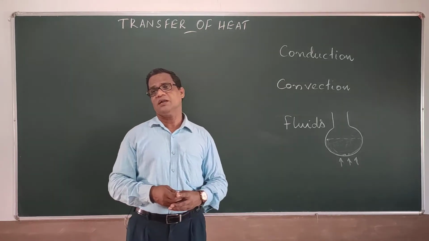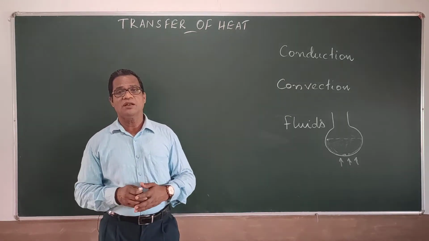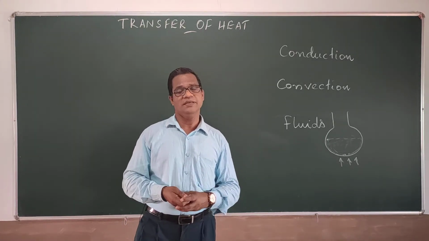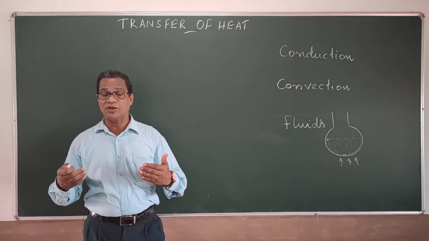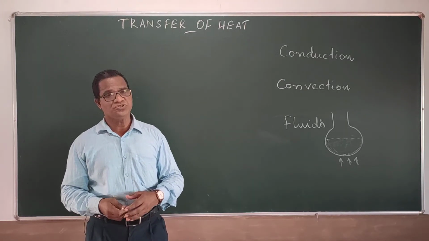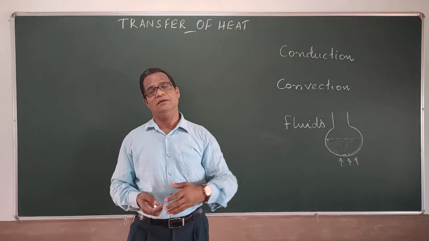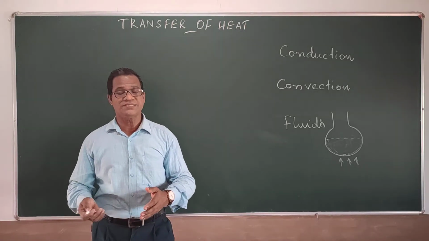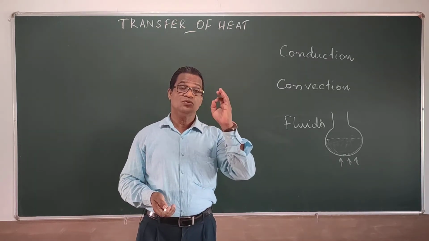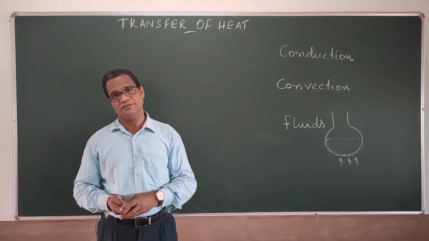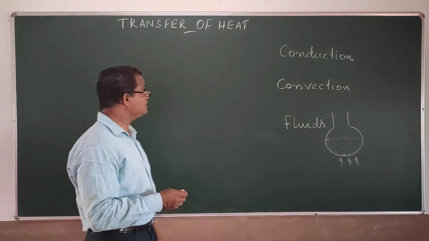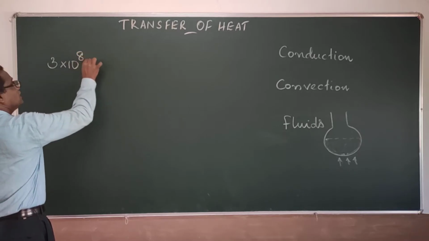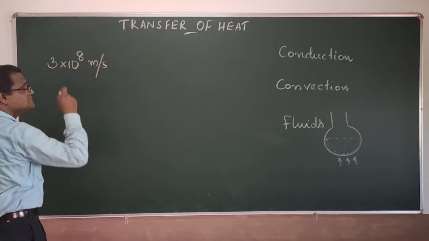But in between there are places where no particles are there, no medium is there, or you can say vacuum. But still the heat is transferring through the vacuum to reach the earth, and that too at the same time the light reaches the earth. That means the light and the heat both are moving with a speed equal to 10 to the power 8 meter per second.